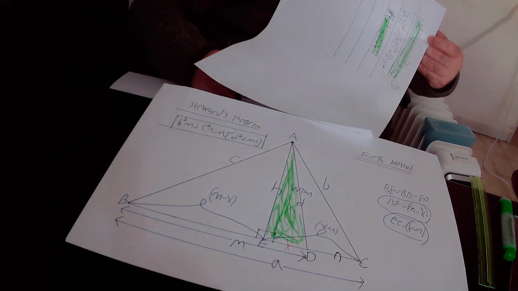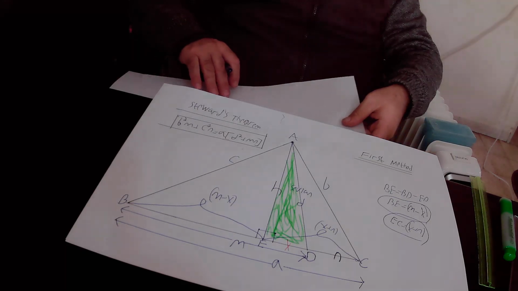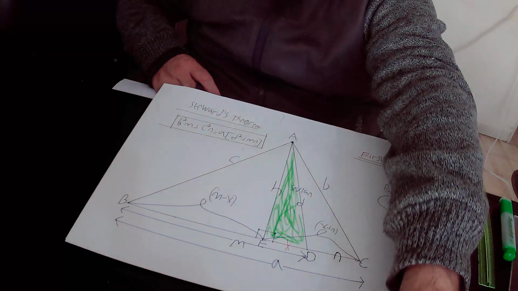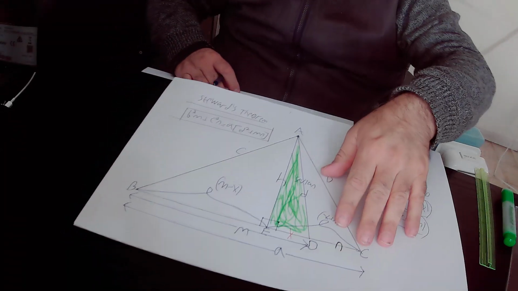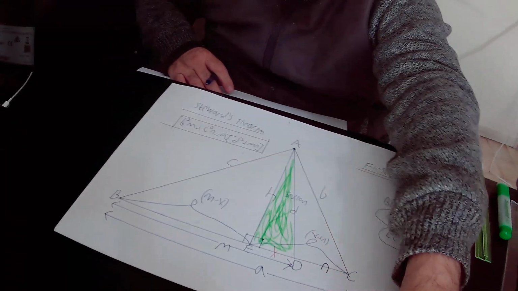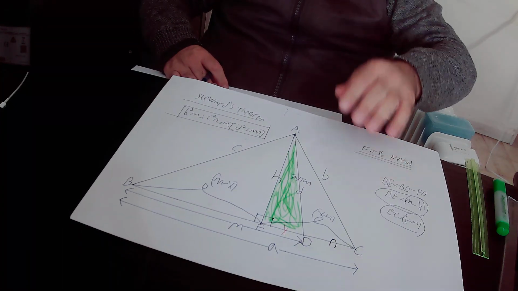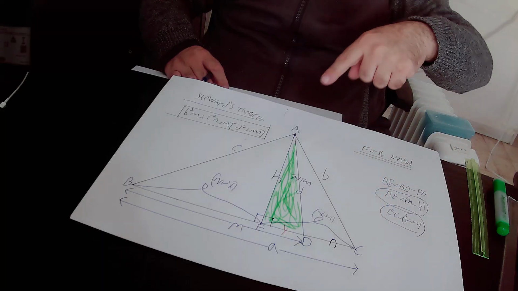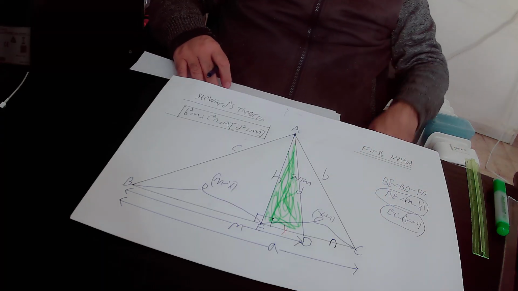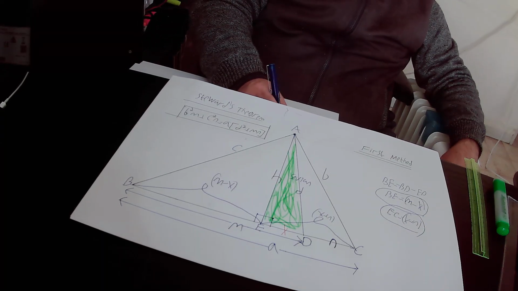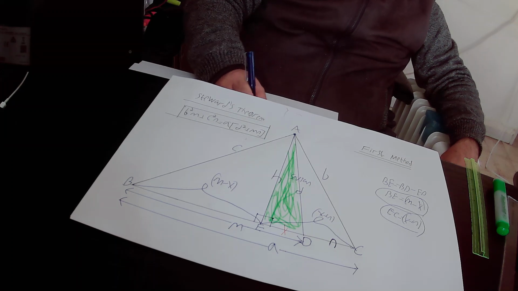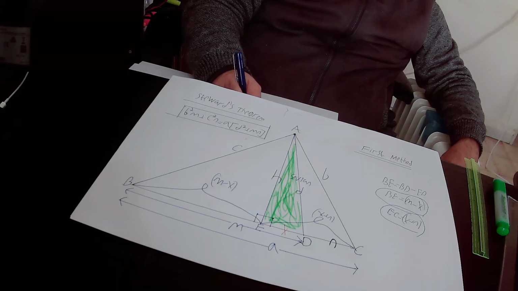In the next step, we will implement the Pythagoras theorem on the right triangle AEC. This is the right triangle AEC. Repeat again, PT is an abbreviation for Pythagoras theorem.